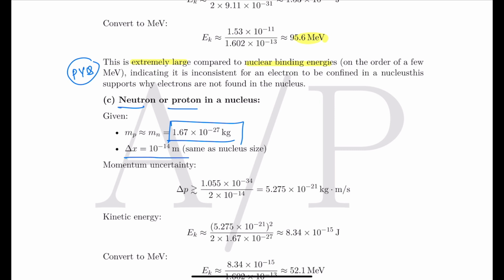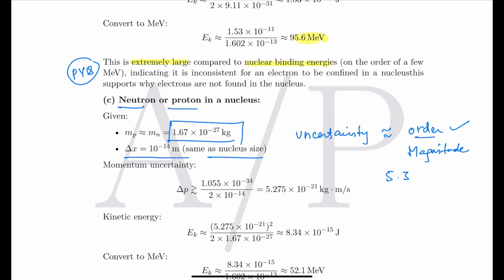The uncertainty in position is going to be 10 to the power minus 14, the same as the nucleus size, because let me tell you very clearly, uncertainty in anything will always be of the same order as whatever you are trying to find. Not the magnitude but definitely the order. You will ignore the magnitude because it won't create much difference in percentage terms. It will be negligible.